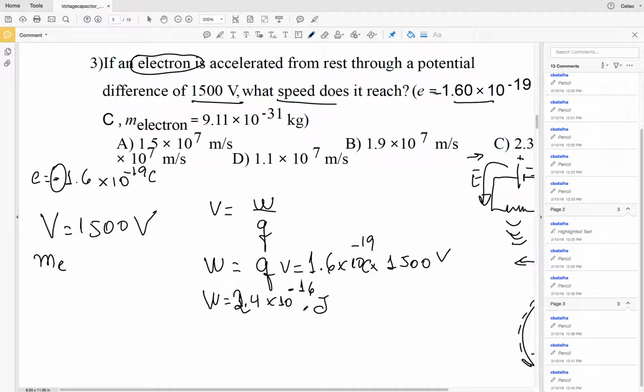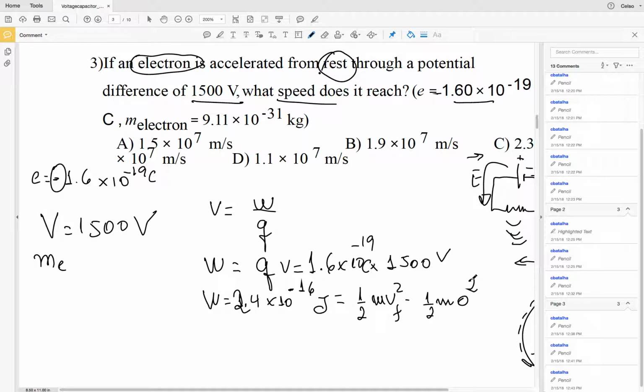Now, how do we relate energy to speed? Well, we know this energy transferred to the electron is used by the electron to gain speed, to gain kinetic energy, and assuming the initial kinetic energy is zero, right? Work is equal to change in kinetic energy, final kinetic energy minus initial kinetic energy, which we assume the electron was at rest. So the initial speed was zero.